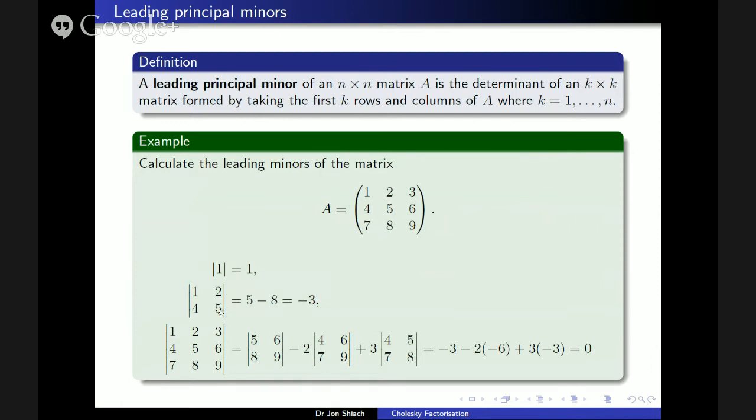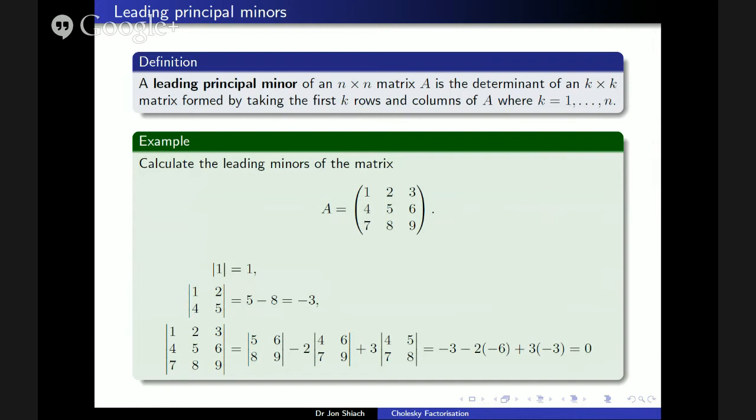If we calculate the determinant of that matrix, we have -3. And finally, we have the determinant of the 3 by 3 matrix A. Okay, so that's the leading minor. If we calculate the determinant, expanding over the first row, as you did back in first year, the determinant is 0.